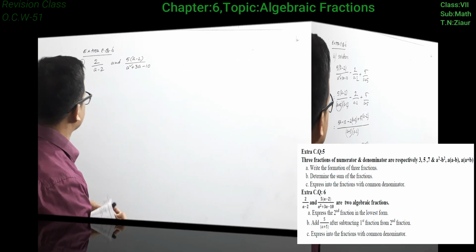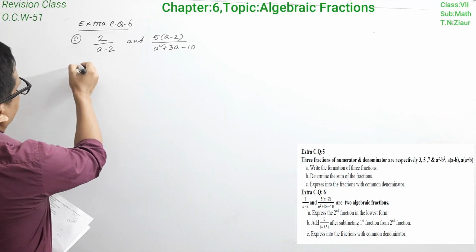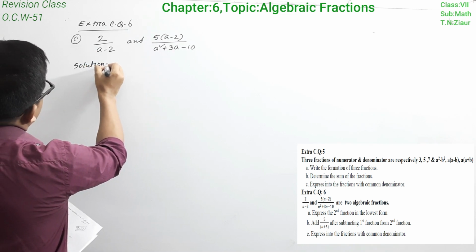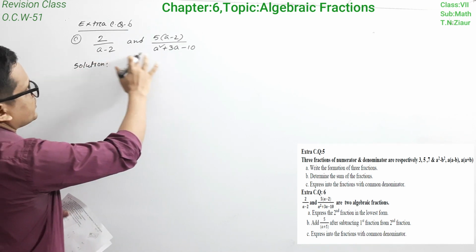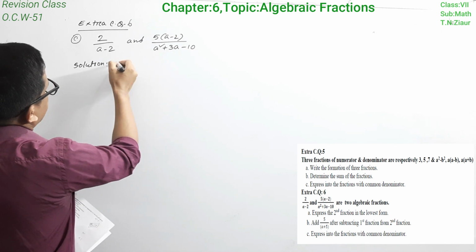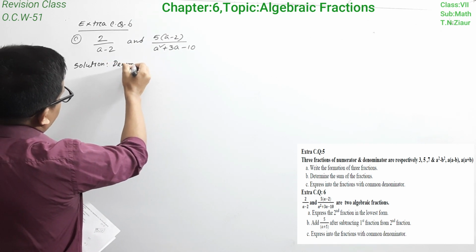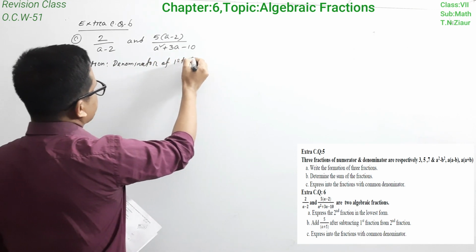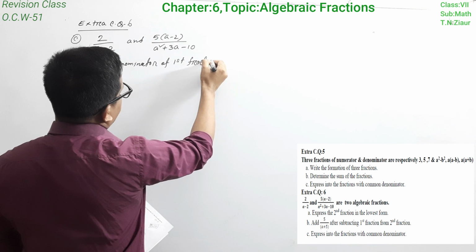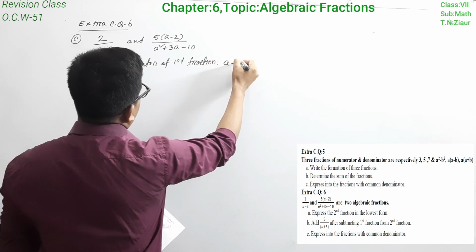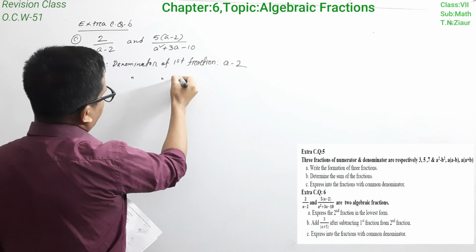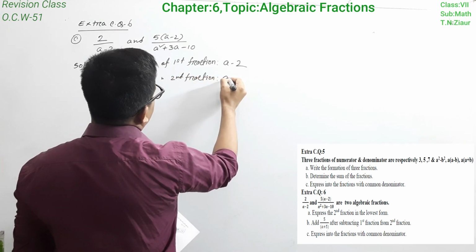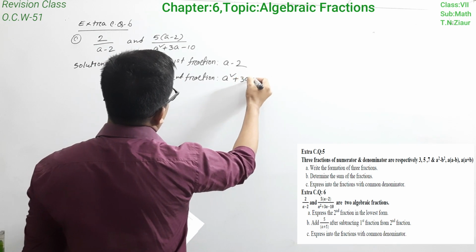Okay, so now we'll solve C number. Here we will solve the solution, C number. So here this one is the denominator. The denominator of first fraction is a minus 2, and the denominator of second fraction is a square plus 3a minus 10.